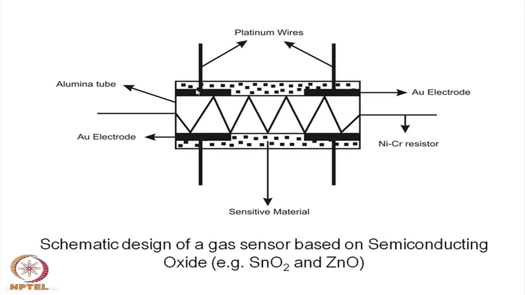So, these fine powders of either SnO2 or ZnO are coated on the surface of the alumina tube. This is the active oxide.